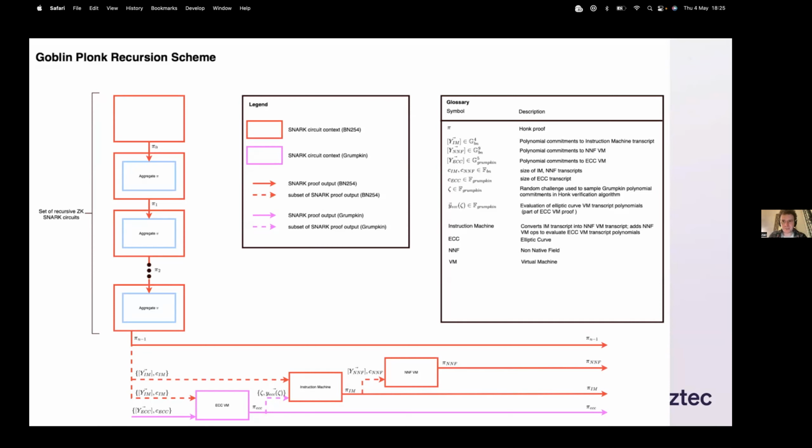To give an example, doing a non-native scalar multiplication is between 4 and 20,000 constraints, and that becomes one degree of your transcript polynomial. So it does grow, but as long as each instruction represents something expensive, the assumption is that's not going to be a problem.